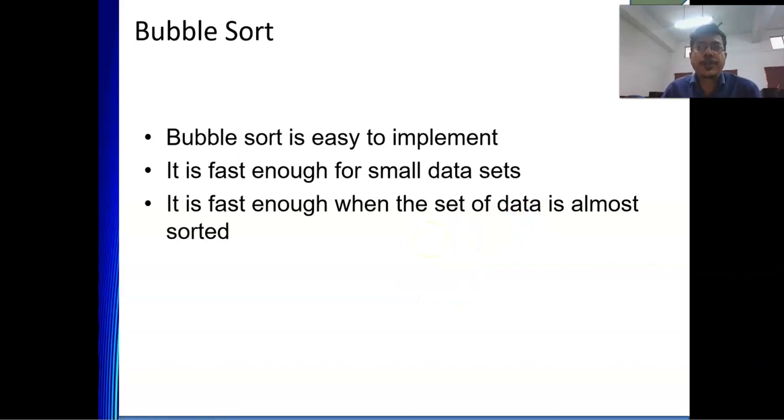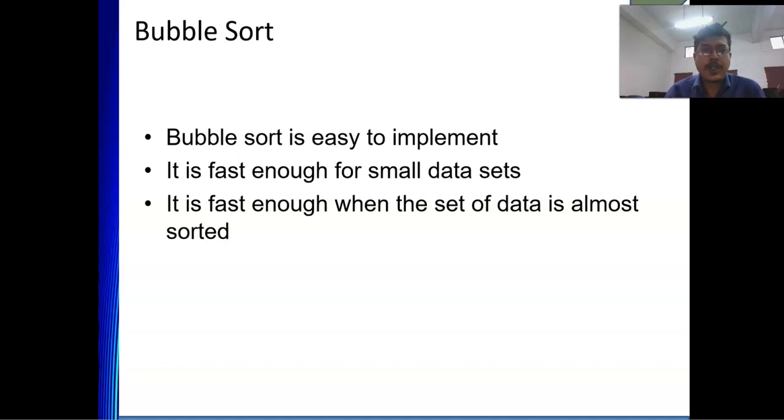You can look into my video on modified bubble sort, where you will understand that when the data sets are small and also already sorted, bubble sort is a good algorithm to implement.